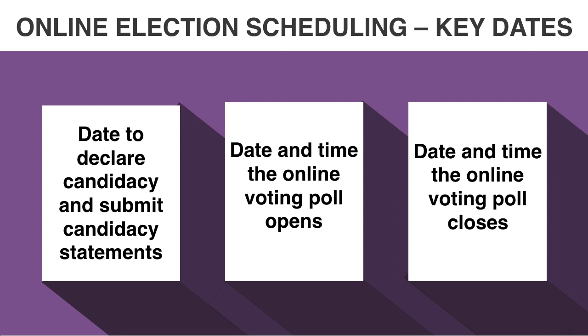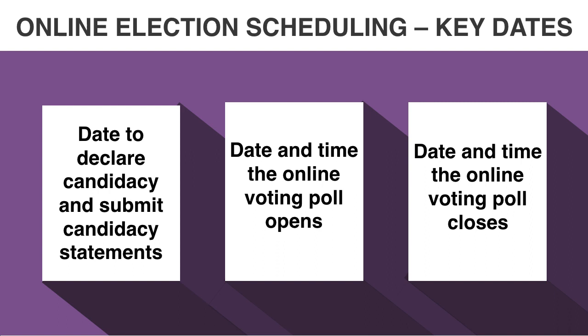There are three main dates you should choose in setting up elections. First, your date to declare candidacy and submit candidacy statements. That's when members need to announce their intent to run. Second, the date and time the online voting poll opens.